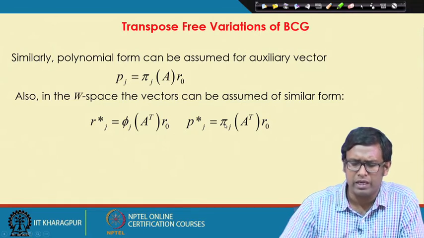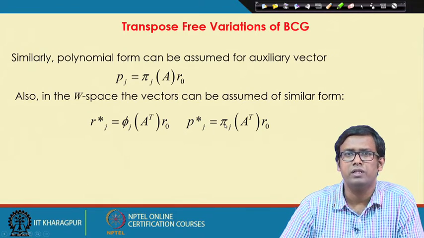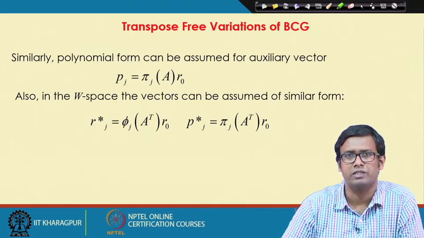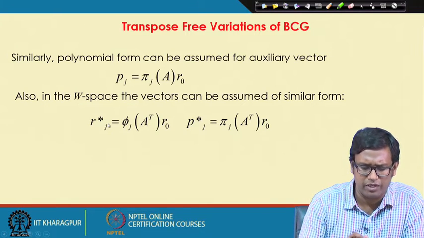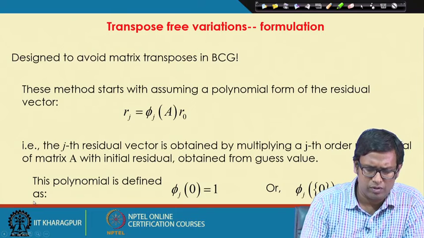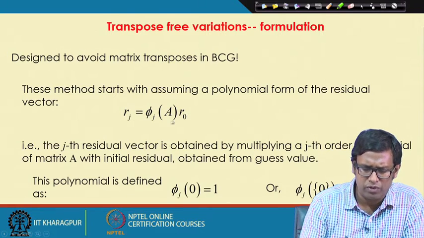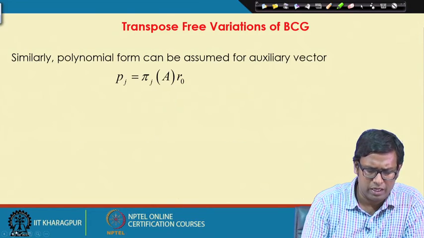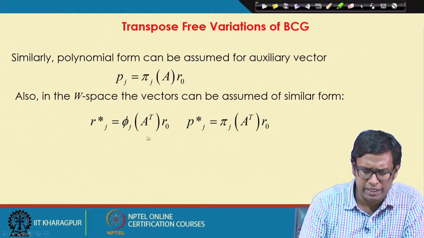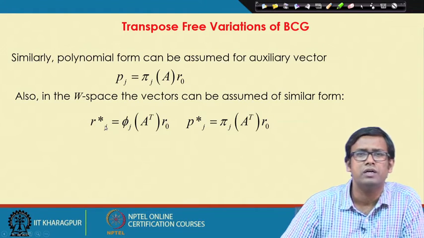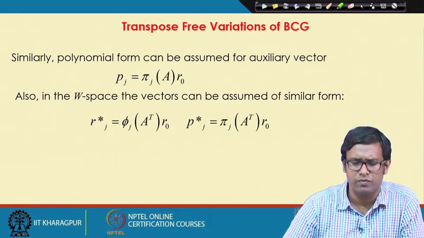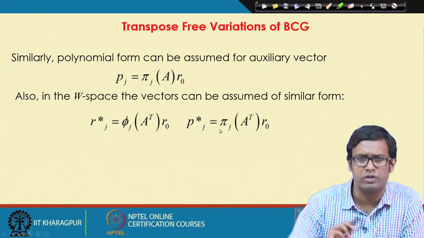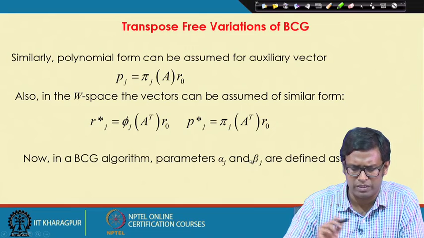Phi and pi are two different polynomial functions, and when they are operated over A, phi j of A into R0 gives us Rj, and phi j of A transpose gives us the residual in the left space or the A transpose Krylov space, which is Rj star. Similarly, for the auxiliary vectors we get the polynomials.